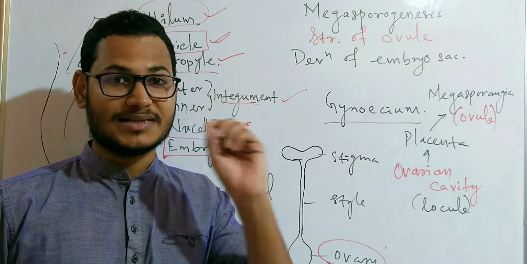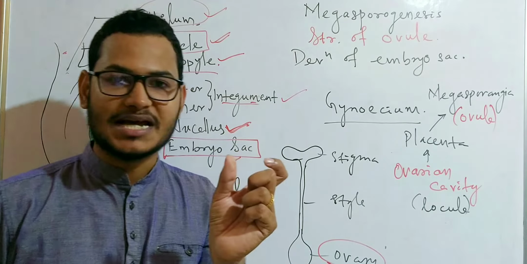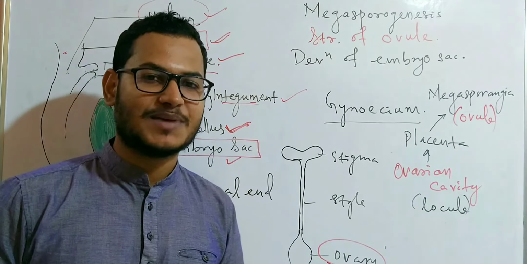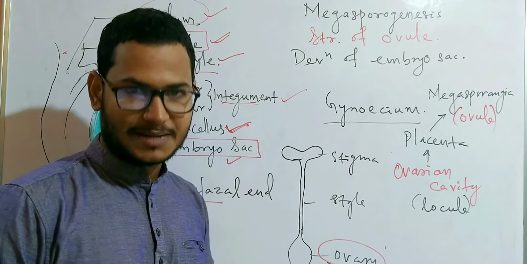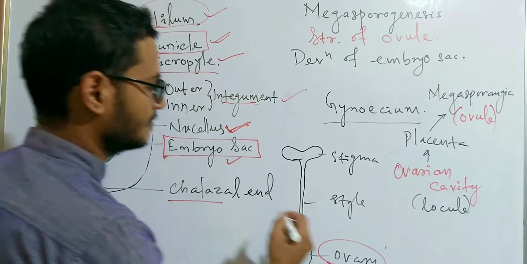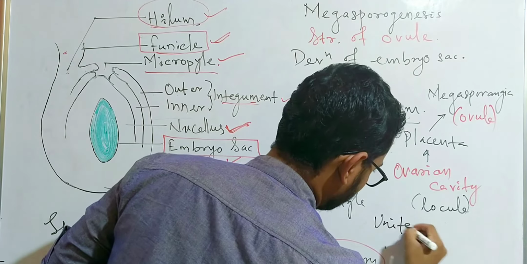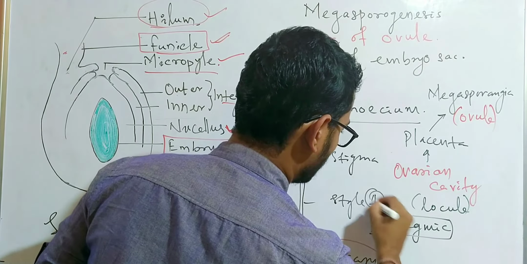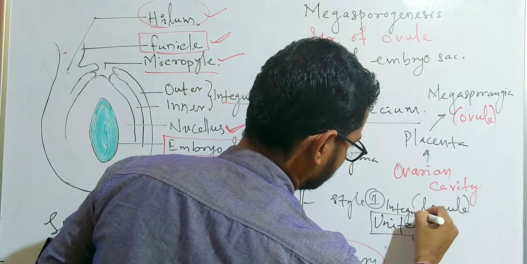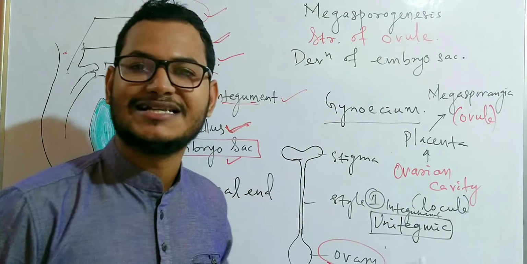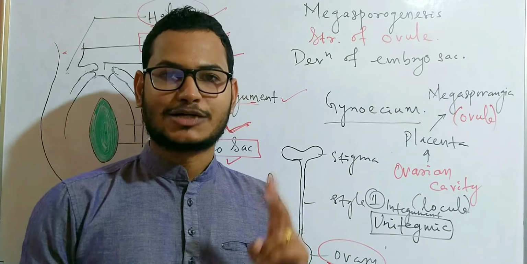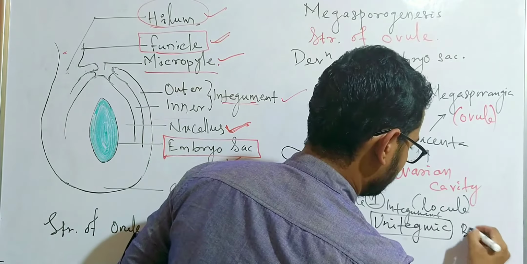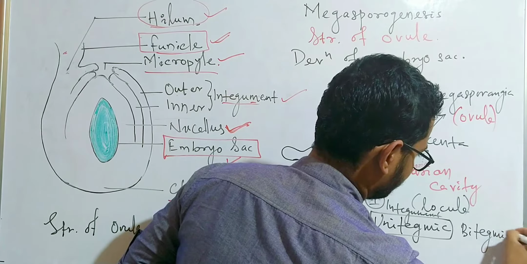Though remember one thing, there are two integuments in some cases and one integument in some cases. When a single integument is present, it is called unitegmic, and when there are two, it is called bitegmic.